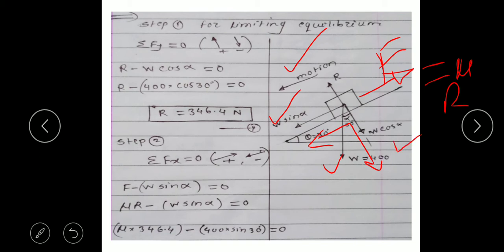As I already told you, the vertical component of W will be W cos alpha and the horizontal or inclined component will be W sin alpha, where alpha is nothing but theta. So now we have all the forces.